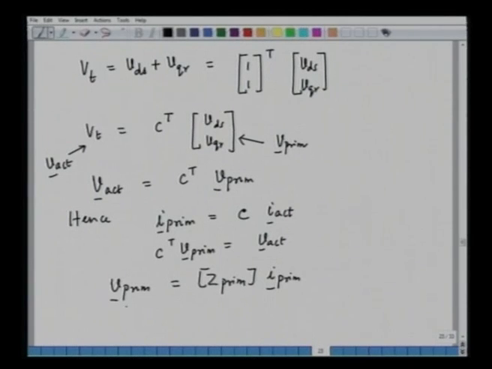Now I can pre-multiply this equation by C transpose, and I primitive can be written as C into I actual.